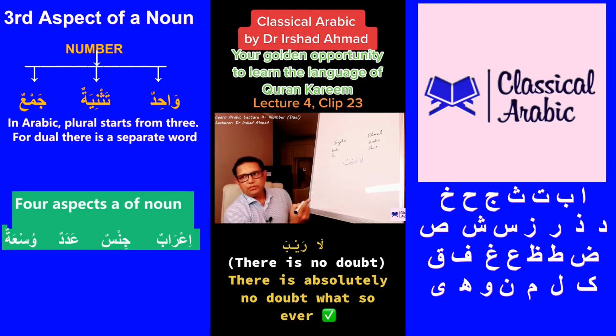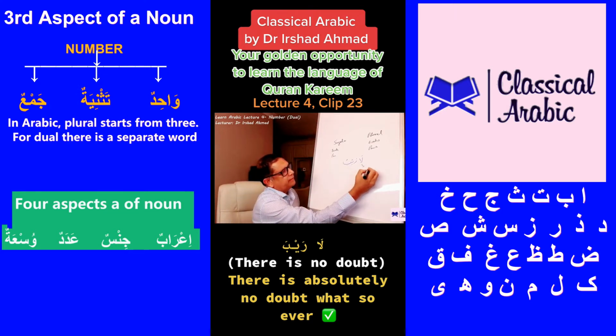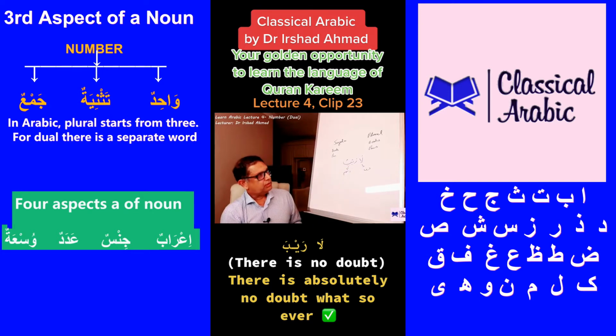So we have only 2 words here. This is harf, la, and this is noun, which is ism. So only 2 words. And if we translate, sometimes you see the translation, there is no doubt.